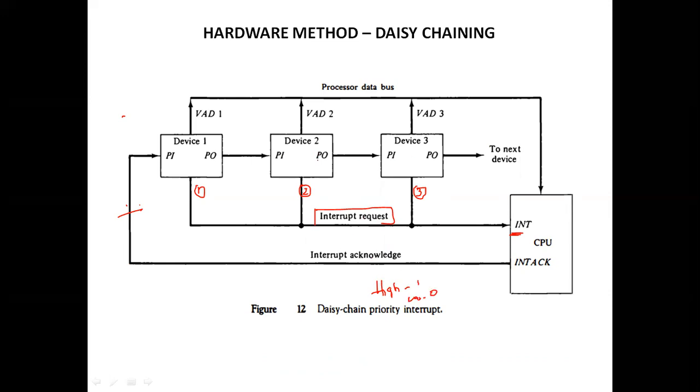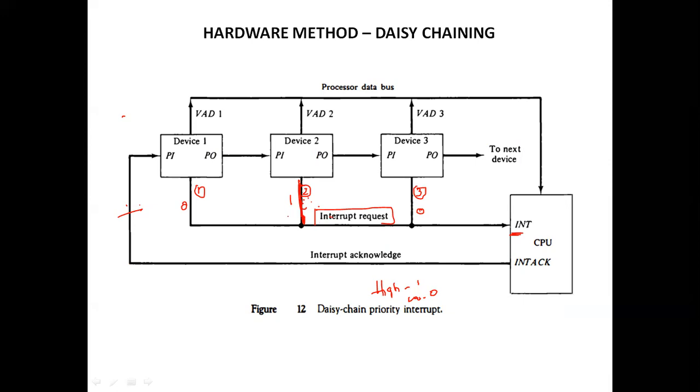Suppose P2 wants to send the interrupt, so this line is going to be indicated in one state, and the remaining P1 and P3 remain in the 0 state. So as it is the high state, the CPU acknowledges this interrupt signal from the line and enables the interrupt acknowledge line.